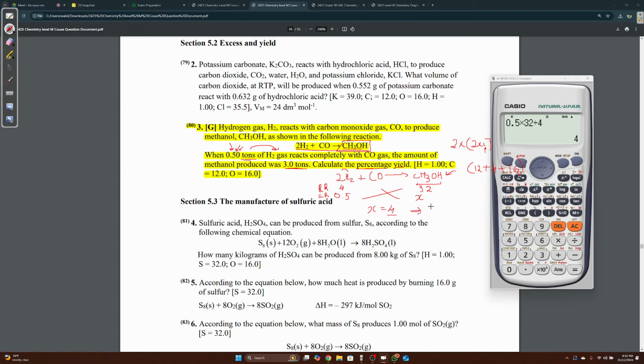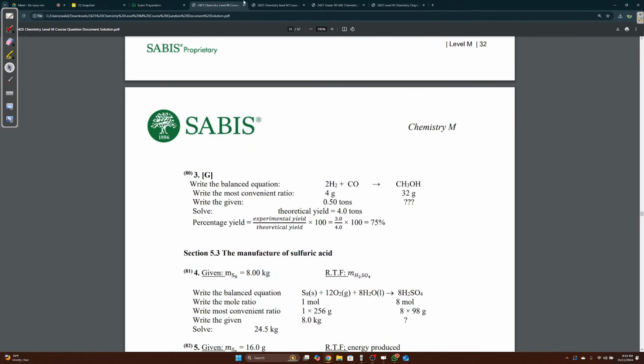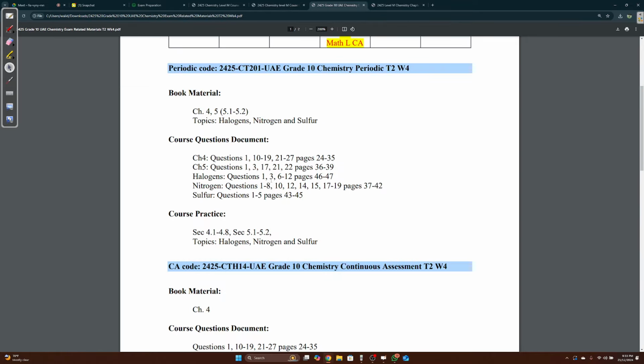So the percentage yield is equal to the experimental yield, which they got 3, over the theoretical yield times 100%. So it's going to be 75%. This is how you solve any yield question. Over here, question 3, 75%. What's next? They want question 17, 20.